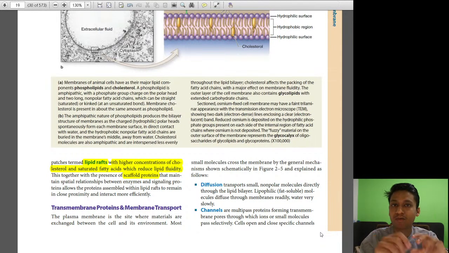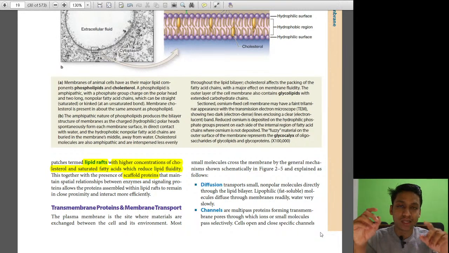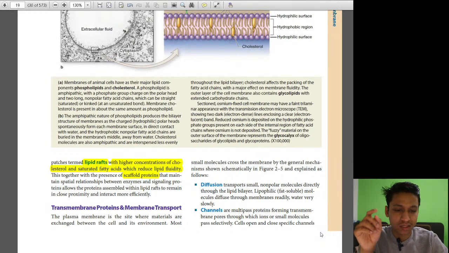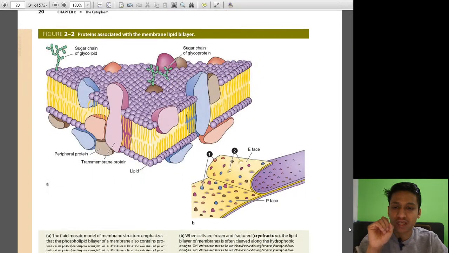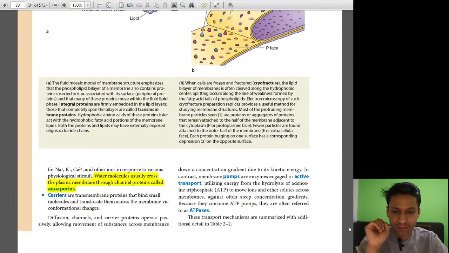What type of proteins are multipass proteins? They are all integral proteins, guys. The cell opens and closes specific channels for Na plus, K plus, calcium 2 plus, and other ions in response to various physiological stimuli. So, as and when required, these channels are open, specifically for mostly ions.